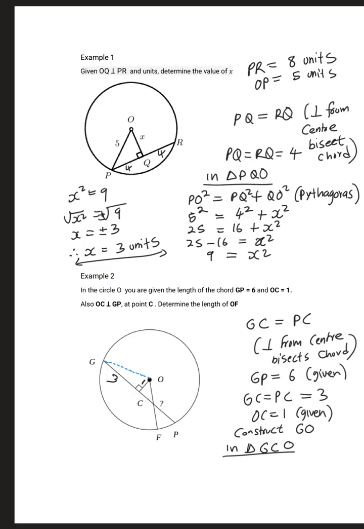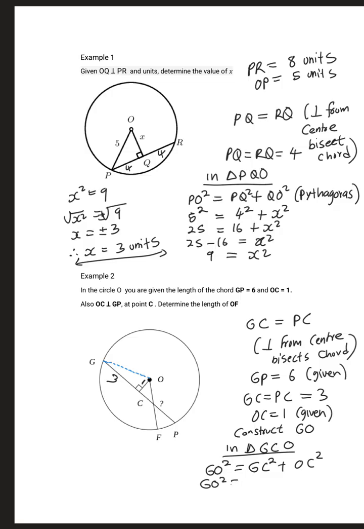The hypotenuse is GO because it's facing the 90-degree angle. So GO squared is equal to GC squared plus OC squared. Then what is GO squared? It's what we are looking for.